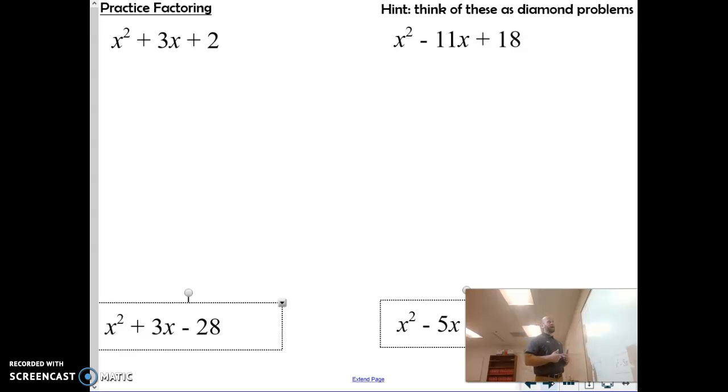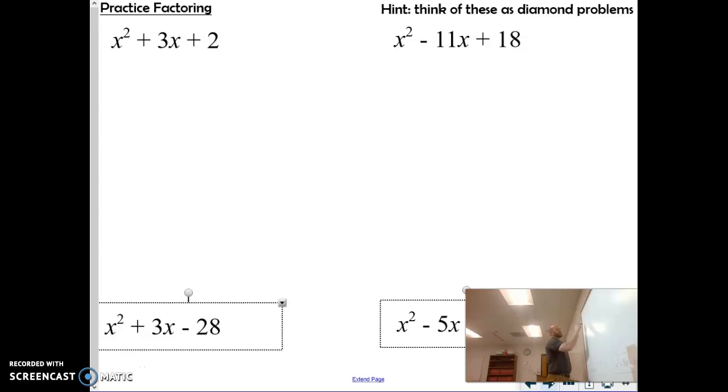Now, a diamond problem is when what you have is the same multiplying as it is adding. Meaning, when we take a look at this first example here of x squared plus 3x plus 2, I want to know what two numbers, when added together, are going to give us 3x, and those same two numbers, when multiplied together, are going to give us 2.